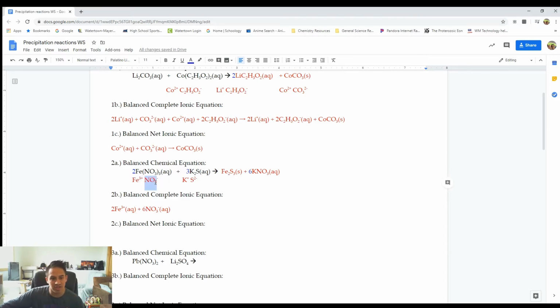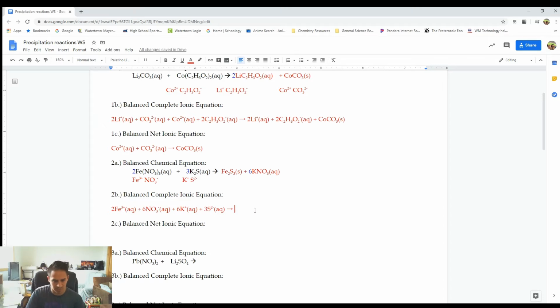And each one is, again, a separate nitrate, a separate nitrate floating around in water. There just happen to be 6 of them, so that's why we have a big 6 out front. Okay, all right. Then we have 6 K+ ions. Again, we have 3 times 2, that's 6, plus 3 sulfide ions, which are aqueous. Okay, so this is our reactant side. Here's everything on our reactant side.